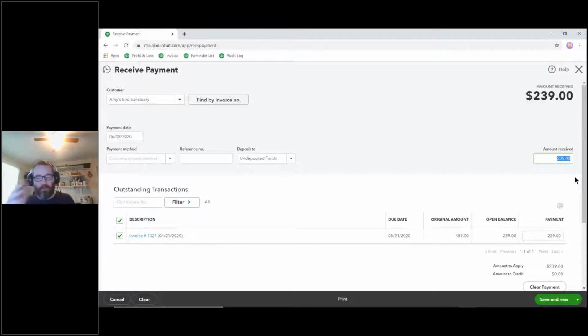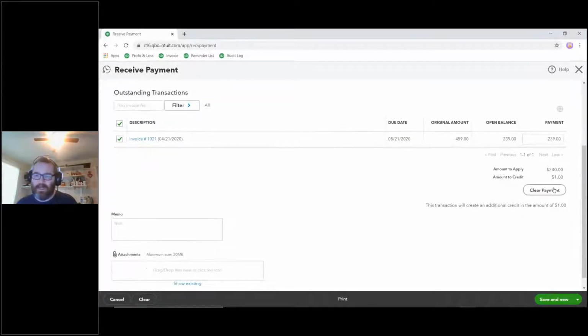So if we received an overpayment, it's really important for us to put in that full amount right here. Otherwise, QuickBooks is going to assume that we really did get the $239. But if we actually got the 240, we need to tell QuickBooks that, right? Now, what's nice about this is that it does create a credit for a single dollar.